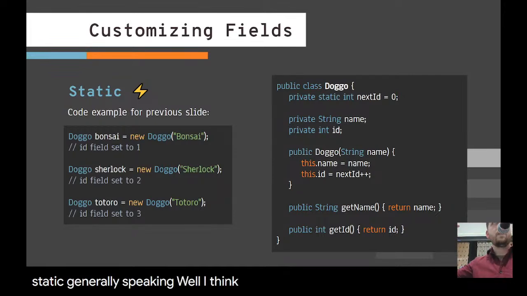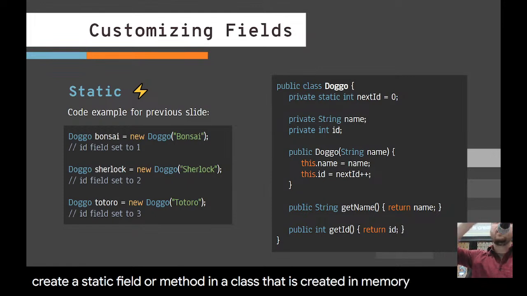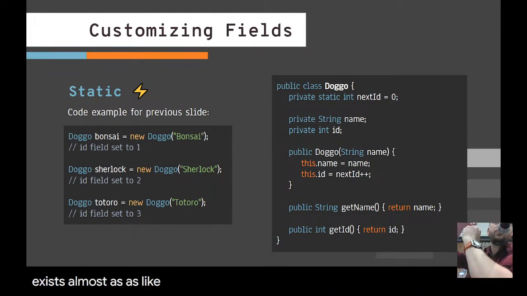Generally speaking, at least the way I think about it right now, whenever we create a static field or method in a class, that is created in memory. And so that exists almost as, those are just variables at that point.